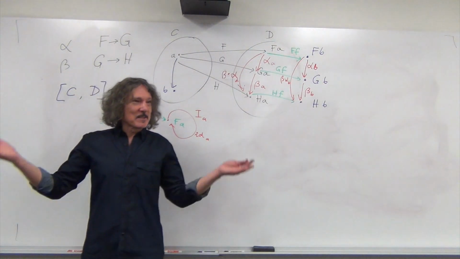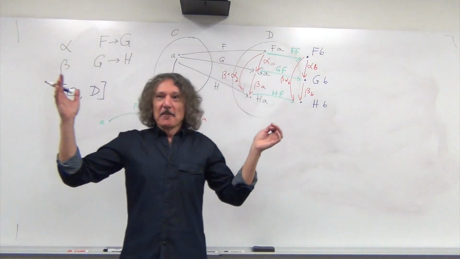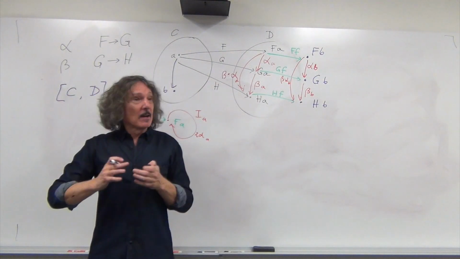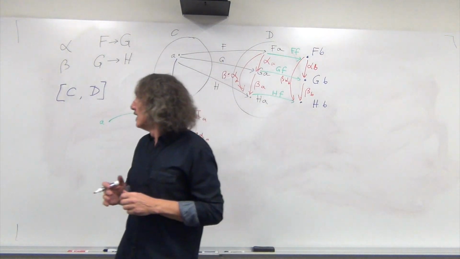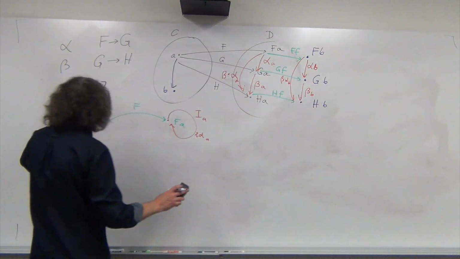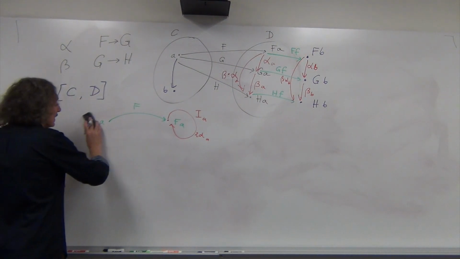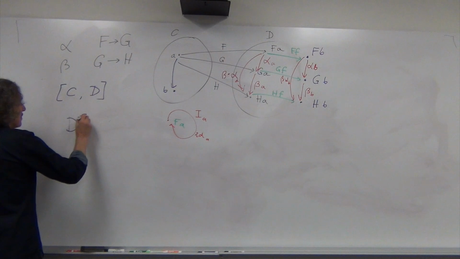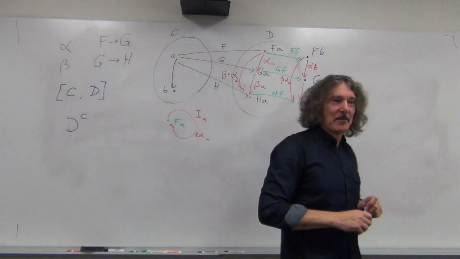So we have just lifted ourselves to a completely new level of abstraction where functors that were morphisms between categories suddenly now become objects in a category, and morphisms between them are natural transformations. Okay? So this is the notation that people use for a functor category. Between two categories C and D, they put these square brackets, or sometimes they use this notation, D to the power of C. Okay, that kind of suggests something, right?